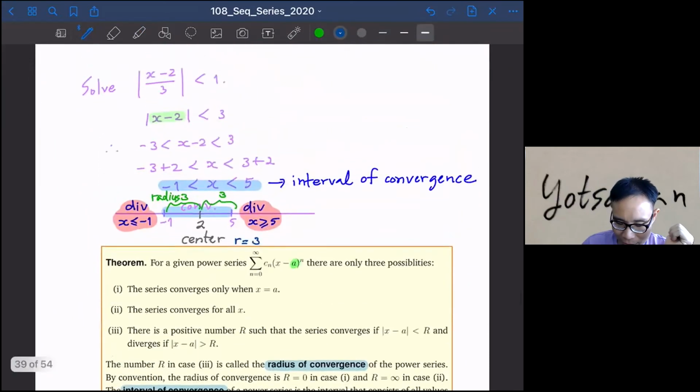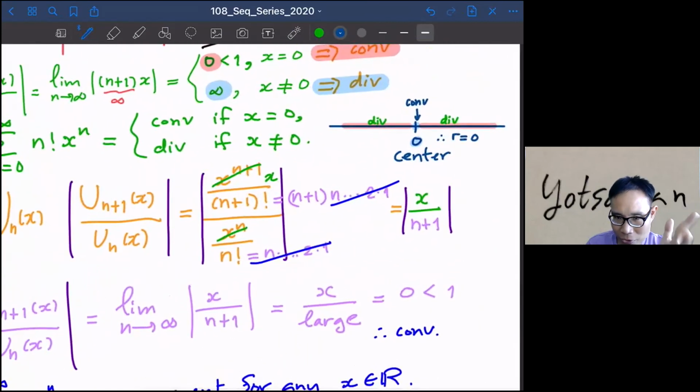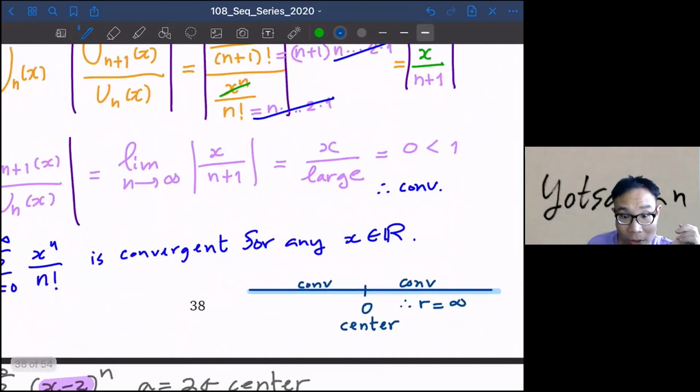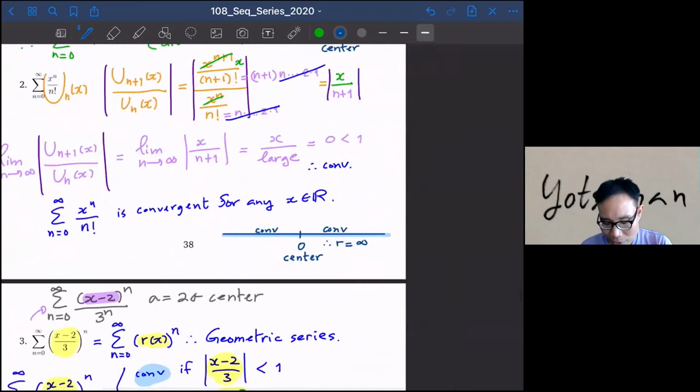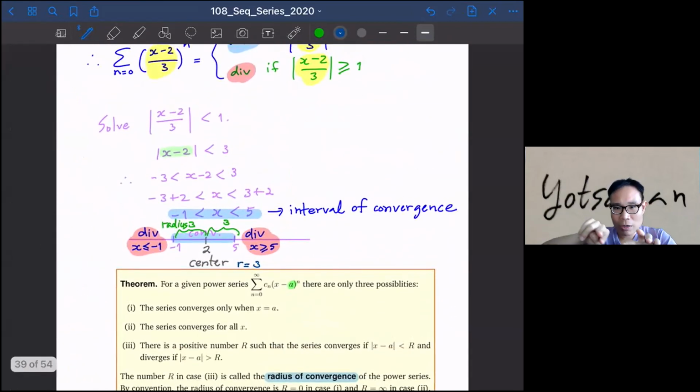The first case is radius of convergence equal to 0. The second case, the radius of convergence equal to infinity, which means it converges at every point. And the last one is radius of convergence equal to 3, so it means 3 steps to the left and 3 steps to the right turn out to be convergence.